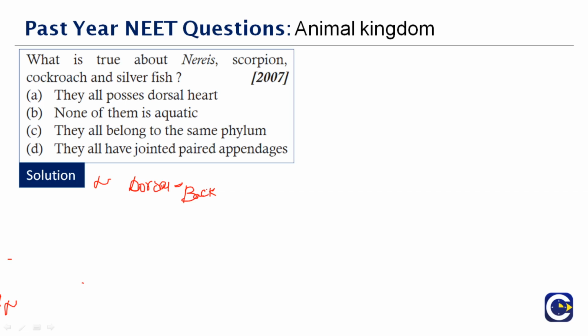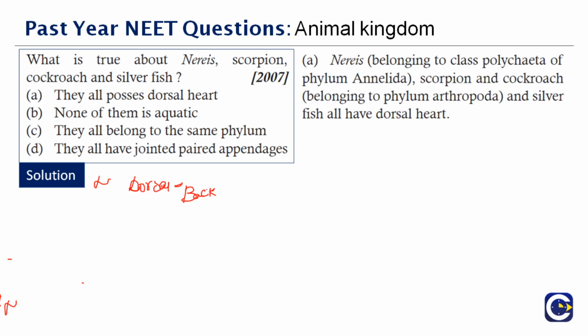The back side of the heart will be dorsal, and the front side towards our chest will be ventral. So all these four have one thing in common: they possess a dorsal heart. Nereis belongs to the class Polychaeta and phylum Annelida. Scorpion and cockroach belong to the phylum Arthropoda, while silverfish all have a dorsal heart. Dorsal means back, ventral means front side.